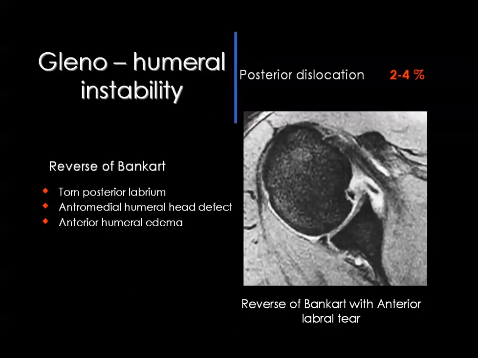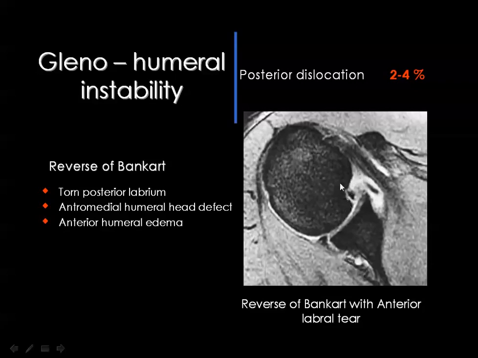Then the posterior dislocation represents about 2 to 4% of the shoulder instability, and this means that there will be a tear in the posterior labrum, displacement of the humeral head posteriorly, and you get the reverse of the Hill-Sachs. You remember the Hill-Sachs is in the posterolateral aspect of the humeral head, and this is in the anteromedial aspect of the humeral head.